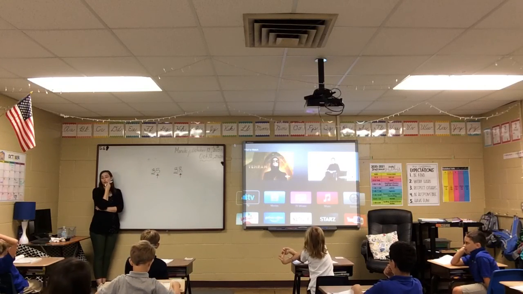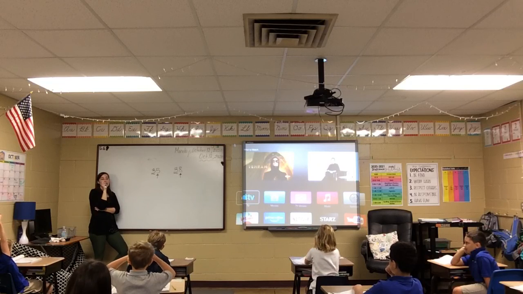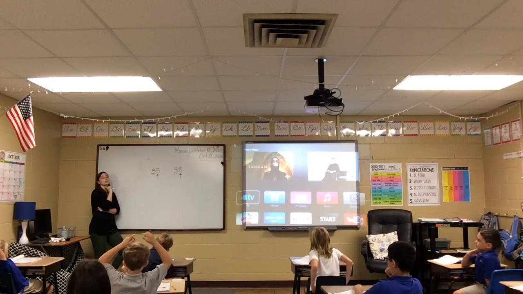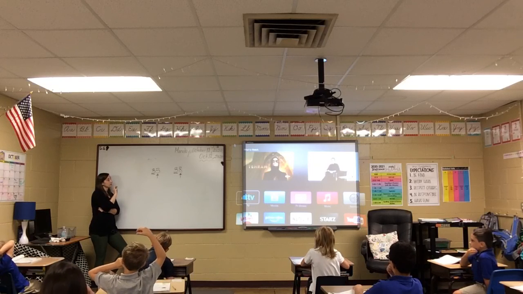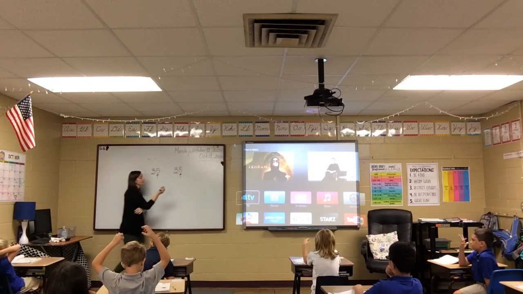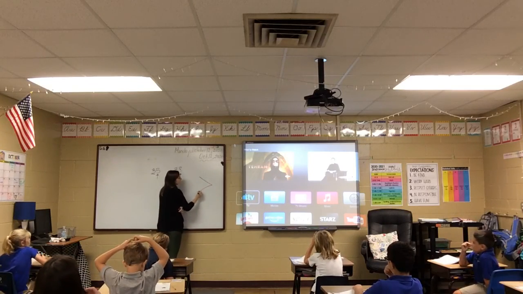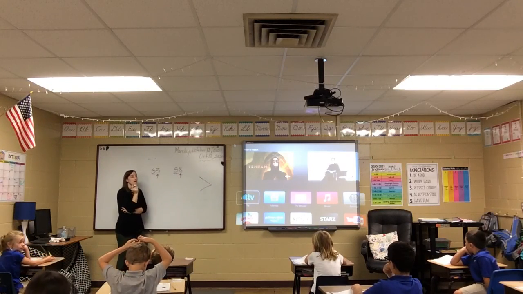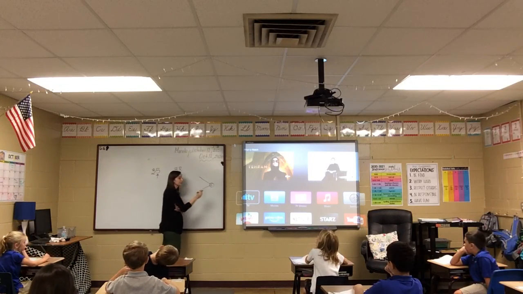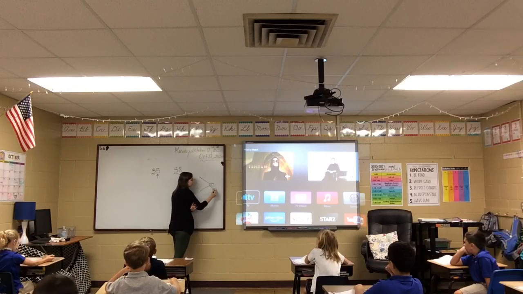So what do we know about 5 and 8? 8 is higher and 5 is lesser. Okay, 8 is higher and 5 is lower. So there's two ways that we can write this. Do you remember these symbols right here? Where the little point is pointing, that's your less.